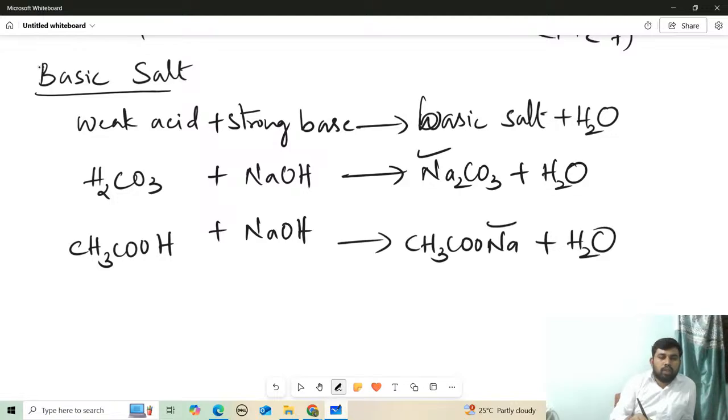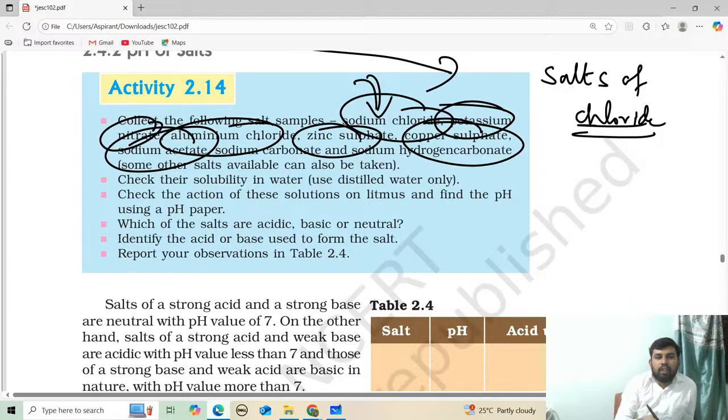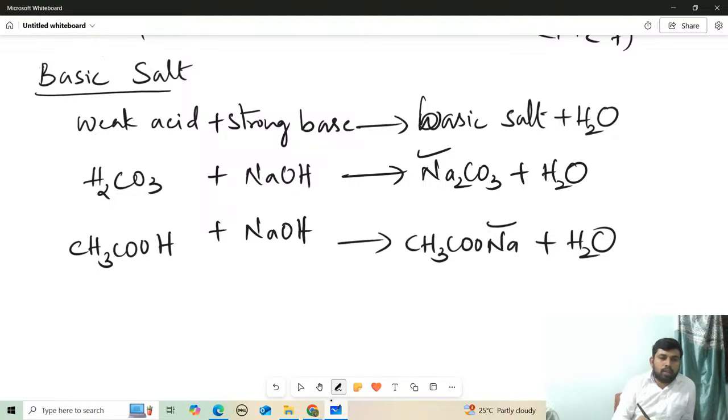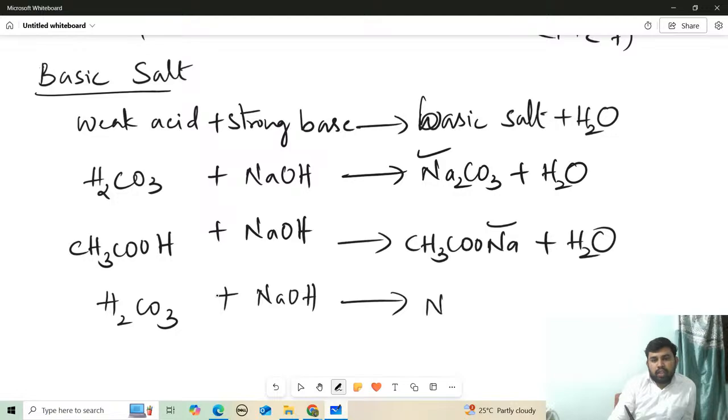One more example that we discuss: sodium carbonate, sodium acetate, sodium hydrogen carbonate. Again we have NaOH and the same carbonic acid, H2CO3. We know very well, here you see, NaHCO3 is going to form.